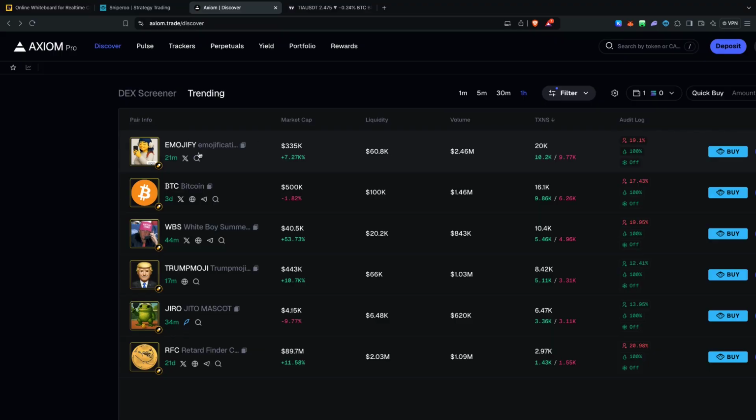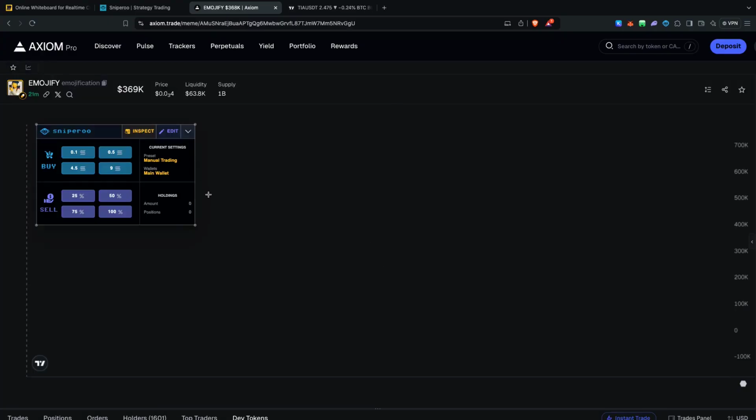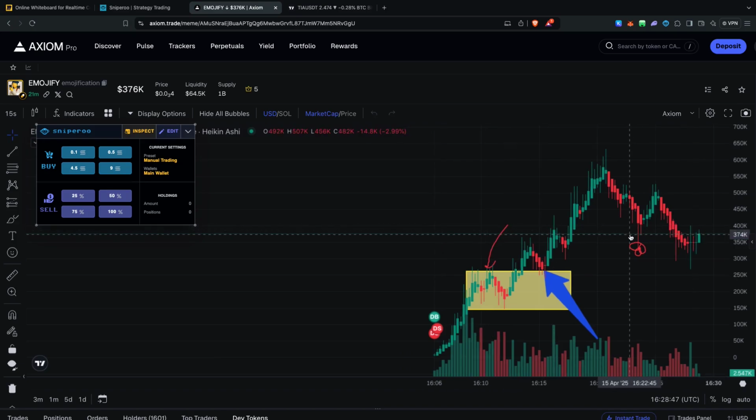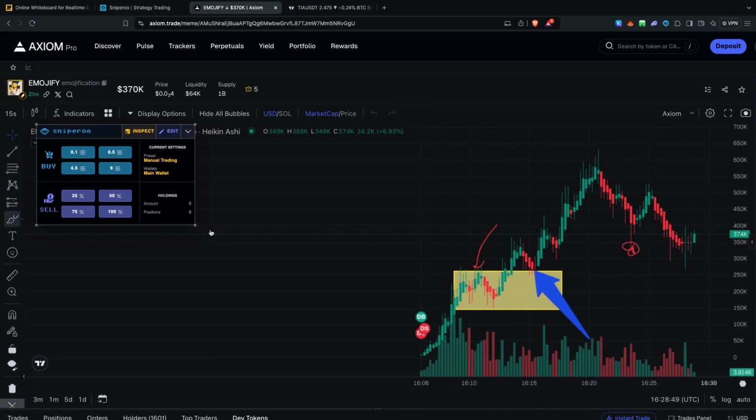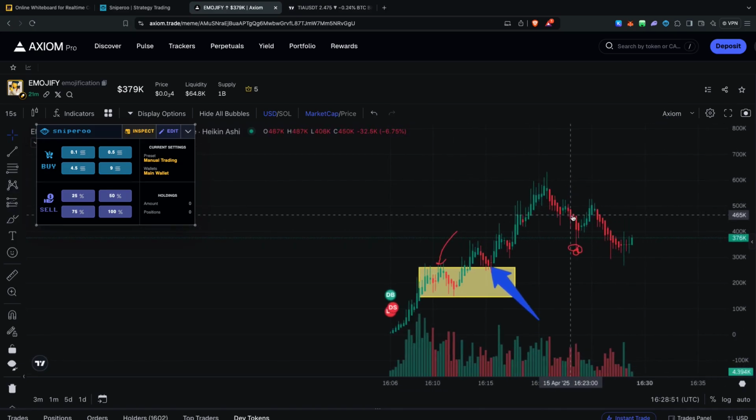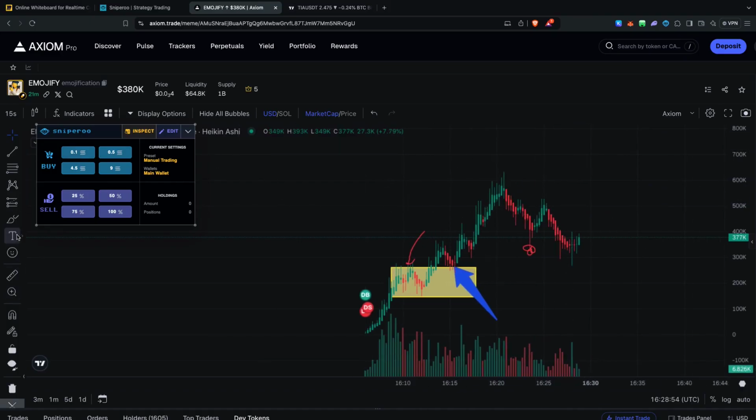Like for example, this one, right? Emojify, it's around 334. It had about 2.46 million, right? It was easy to trade, as you saw. You saw a lot of trading opportunities. There's enough volatility, there's enough technical analysis leeway for you to judge and be able to make your final investment decisions.